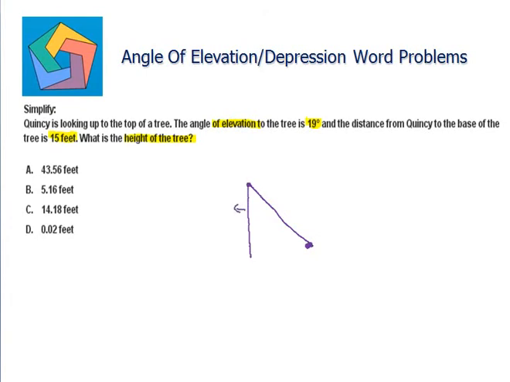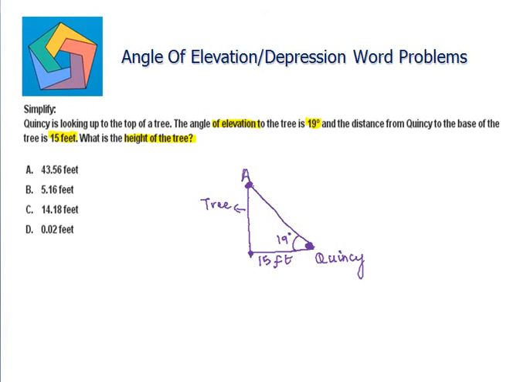Suppose this is the tree and here is Quincy. From here, Quincy is looking up to the top of the tree. The angle of elevation is 19 degrees, so this angle will be 19 degrees. And the distance from Quincy to the base of the tree is 15 feet, so this distance will be 15 feet.